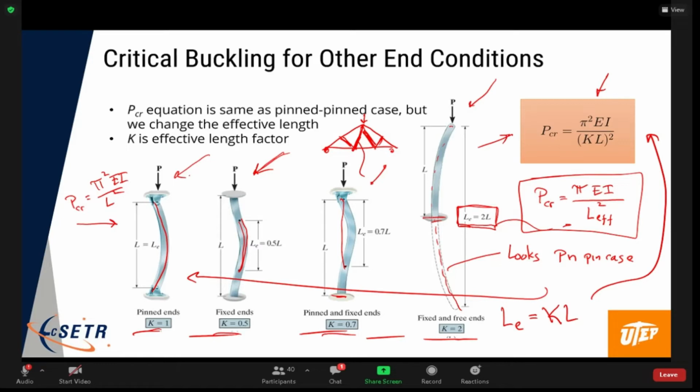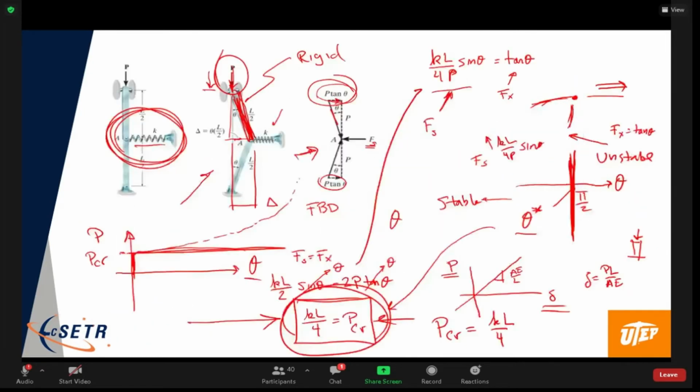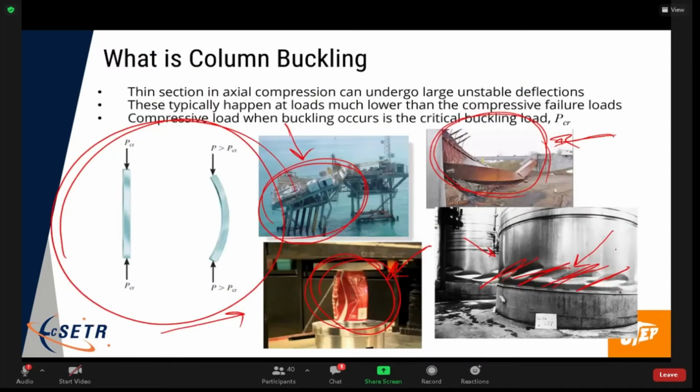So technically, if you have a truss and the elements are slender, even though the compressive load might not cause it to fail due to axial failure, you really need to check that each one of those elements in compression does not fail due to buckling. If one of those fails due to buckling, the whole thing kicks out in much the same way that this oil rig failed, okay?